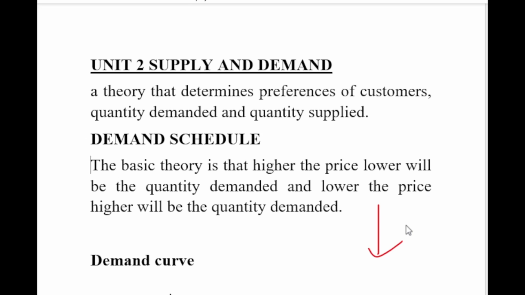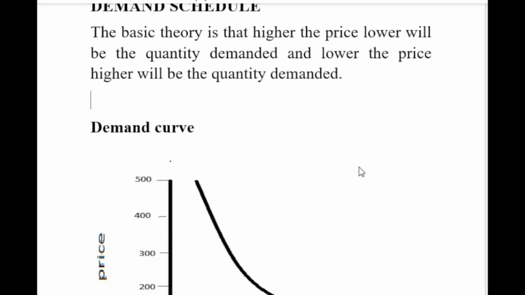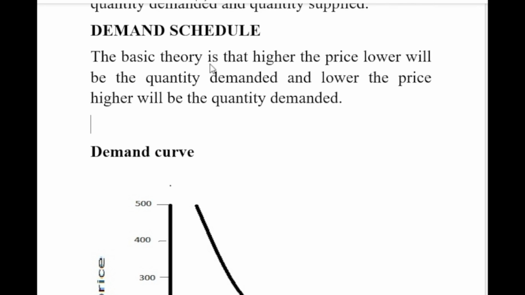When the price of a commodity rises, the demand tends to fall, and this is the general rule. There is nothing more to discuss, because as the price of any commodity rises, the demand actually falls. So this is the demand. The basic thing is that the higher the price, the lower the quantity demanded, and the lower the price, the higher the quantity demanded.